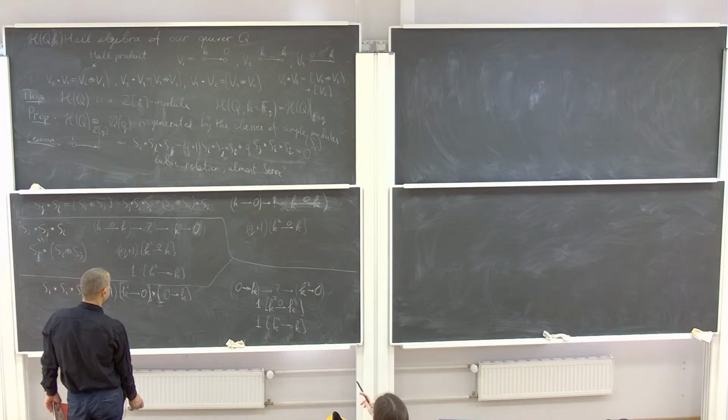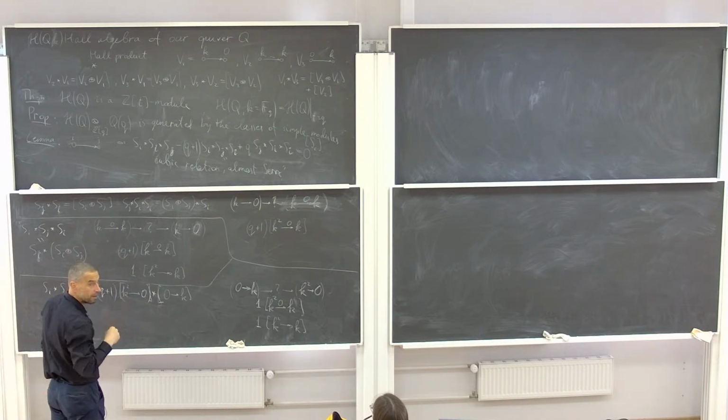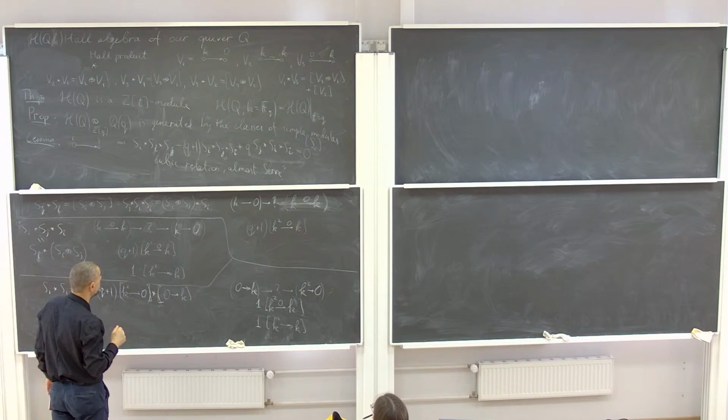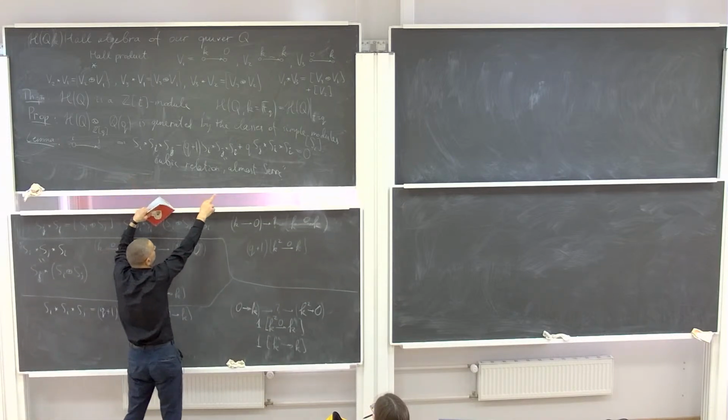JII. We have this q times q plus 1, so maybe it should be the opposite. Maybe we should multiply by q here. No. Yeah, so we just put q here, not there.